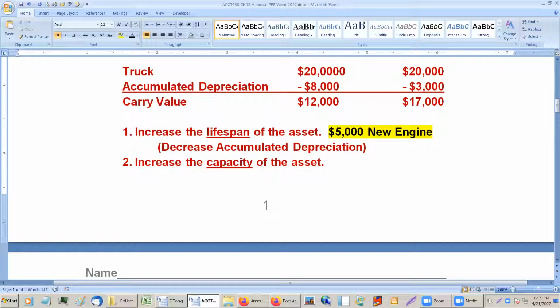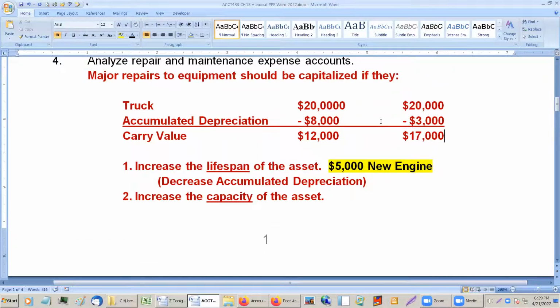It's sort of like if it increases the lifespan, it's sort of like you're turning back the clock. Okay, undo that accumulated depreciation. We're turning the clock back, and now we're going to get another 5 years, 10 years, whatever it is, out of this thing. So if it increases the lifespan, it kind of resets the clock.